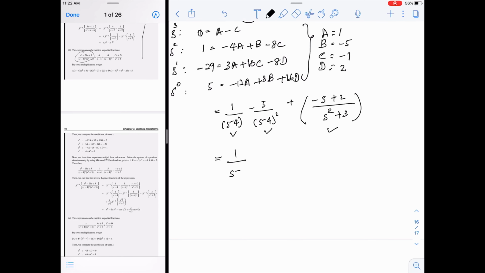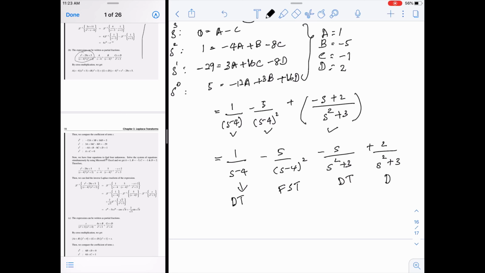1 over s minus 4, minus 5 over s minus 4 squared, and then minus s over s squared plus 3, plus 2 over s squared plus 3. Here you will get the first directly from the table, this one by the first shift theorem, and the other two directly from the table.